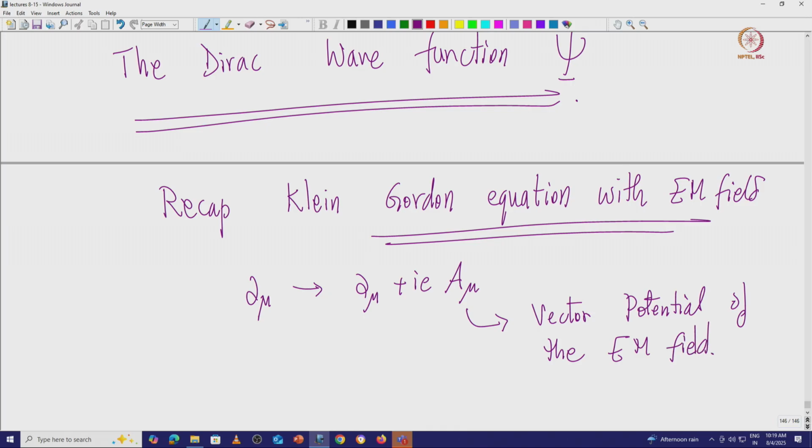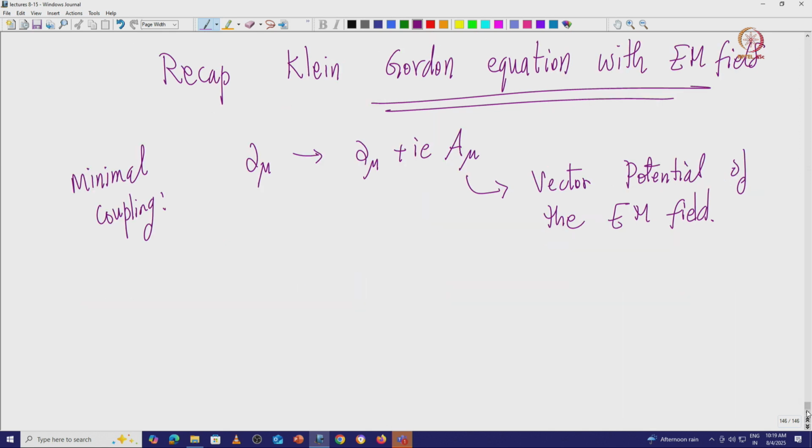We introduce the minimal coupling, and that is how we introduce the current coupling, the main current, the probability current or the charge current of the Klein-Gordon particle wave function.